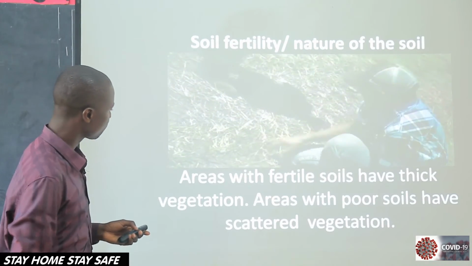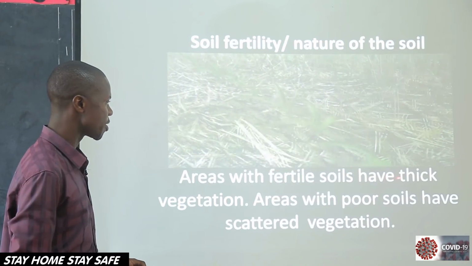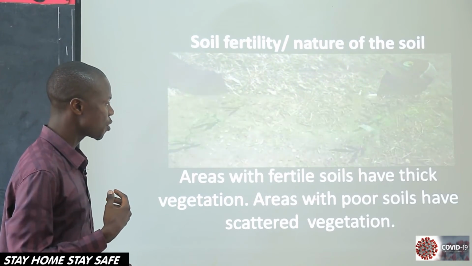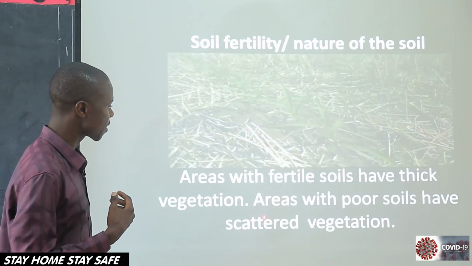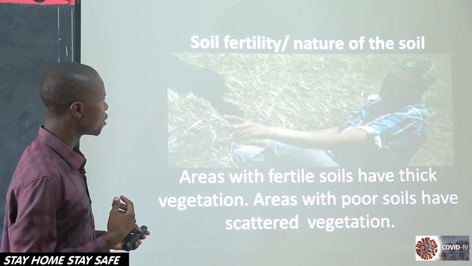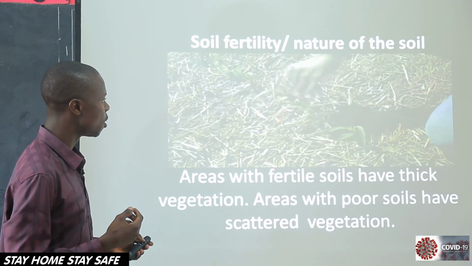So you find areas with fertile soils always have thick vegetation, and the other way around, areas with poor soils have scattered vegetation.